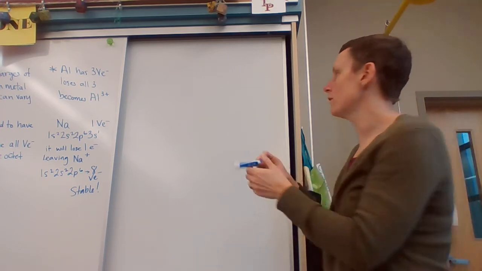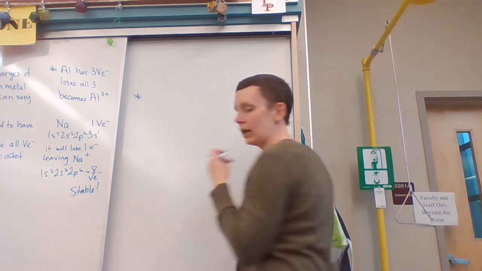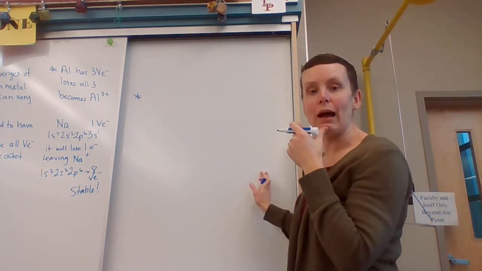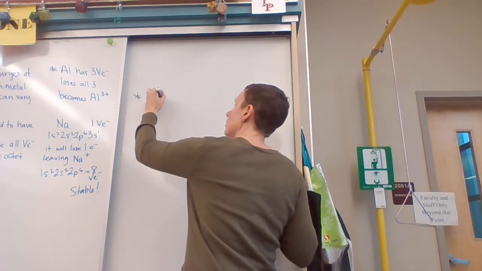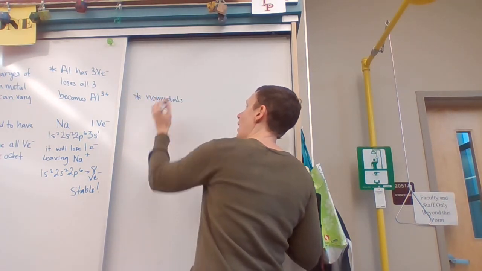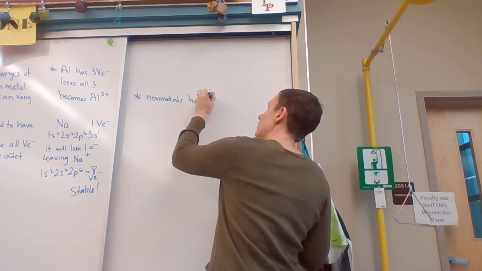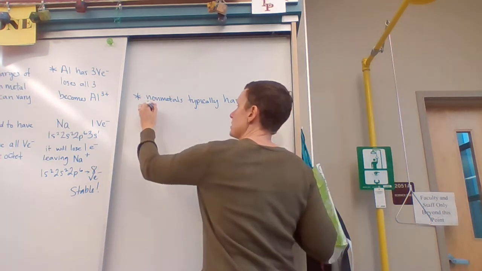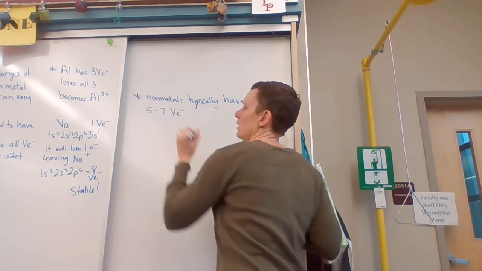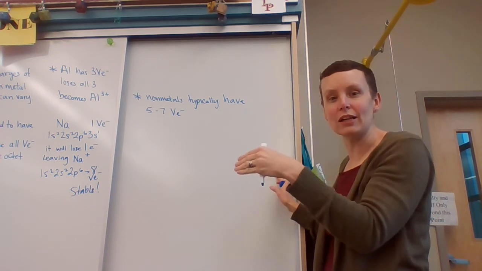All right, electron configuration of anions. We're going to do a similar thing for anions, but anions happen with our nonmetals. Nonmetals typically have 5 to 7 valence electrons, so they're really close to having an octet.